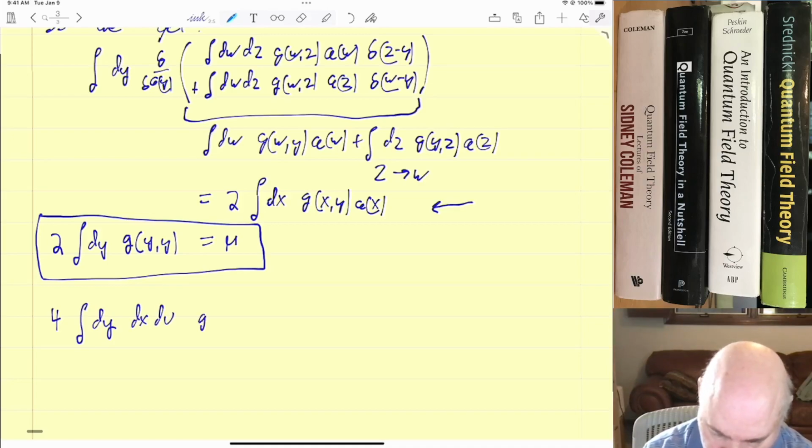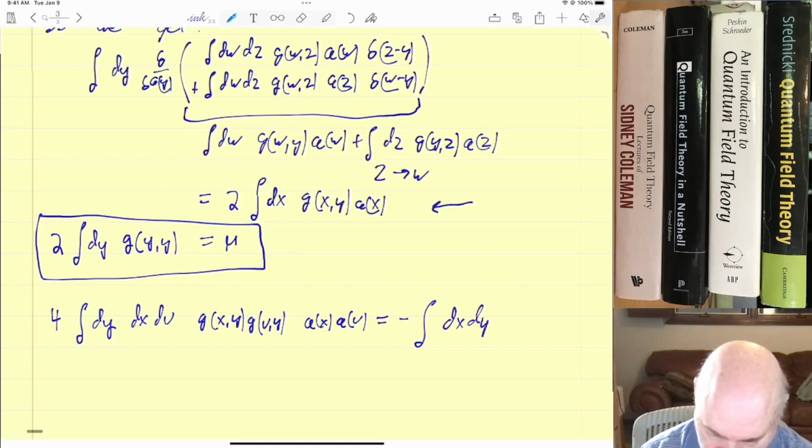So I'm going to have g of x comma y and a of x, and then for the second term, g of u comma y and a of u. And this has to be equal to minus the integral dx dy f of x comma y a of x a of y.